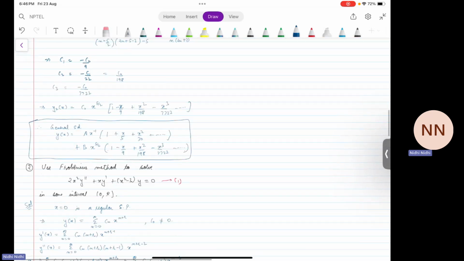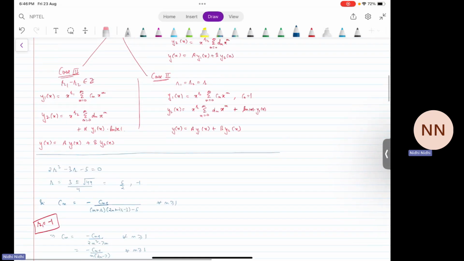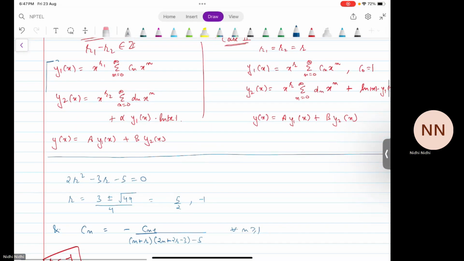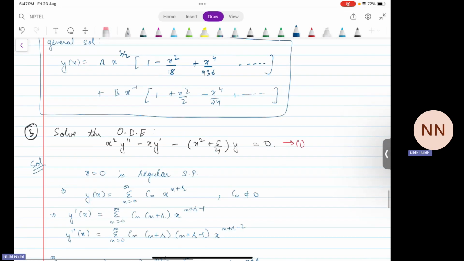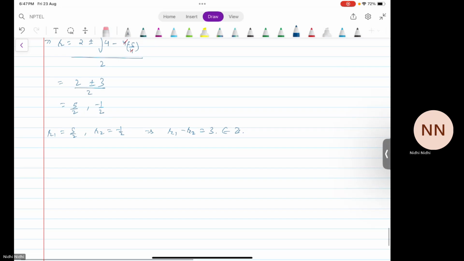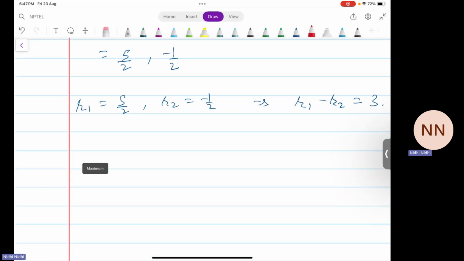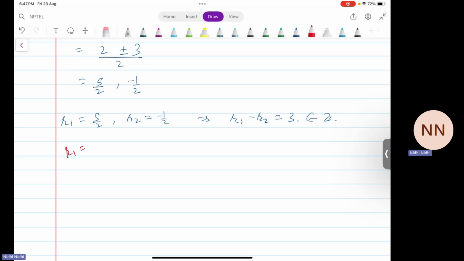So here our solution will be of this form. So let's find y1 and y2. Firstly, let's take the case r1 equals to 5 by 2.